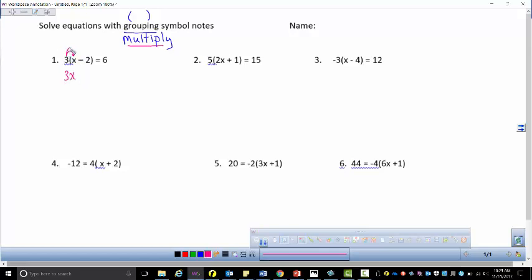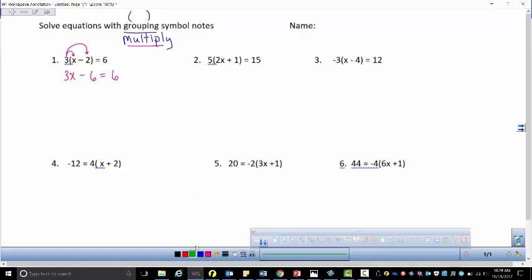We take 3 times 2, and we get 6. And then in the middle, we have a minus, and it stays a minus on this one. So we have 3 times x, 3x. 3 times 2, 6. And it stays minus this time, equals 6.